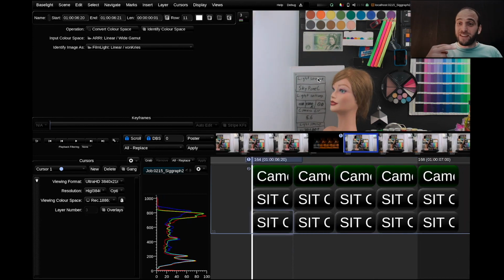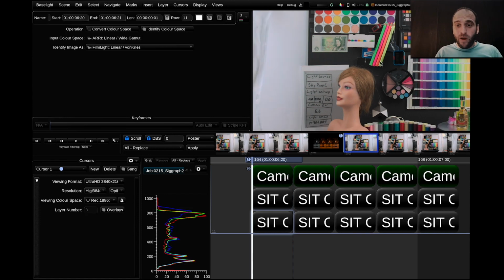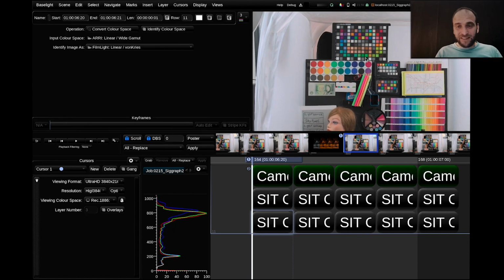And I'm doing this exercise two times. In the first exercise, we will use not the smooth spectra as our reference scene, but the ColorChecker SG spectral data set, because we actually have that ColorChecker in the scene.